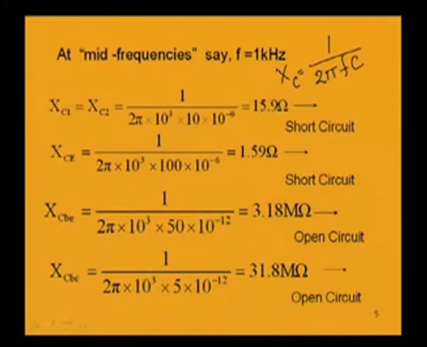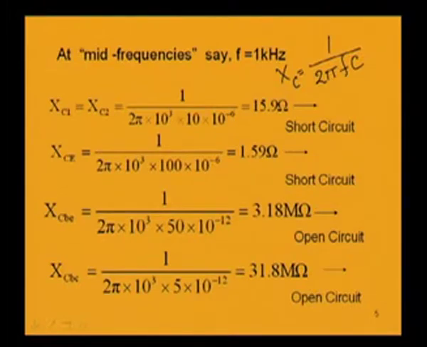Omega is 2 pi f, 1 by omega C. We are considering the magnitude. Let us not think about the j part, that means it actually has two components, one real and one imaginary, but let us take the value of 1 by 2 pi fC.